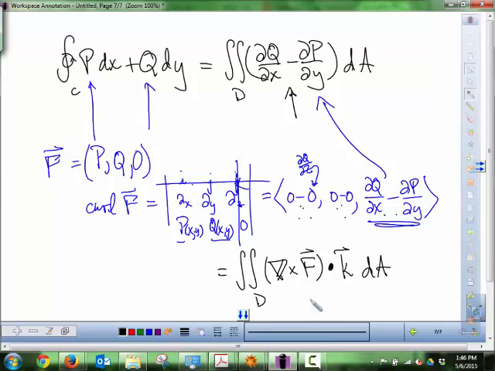This is Green's theorem in vector form. There's nothing new here. It's just Green's theorem, but we're writing it in a slightly different, vector form. k is just 0, 0, 1.